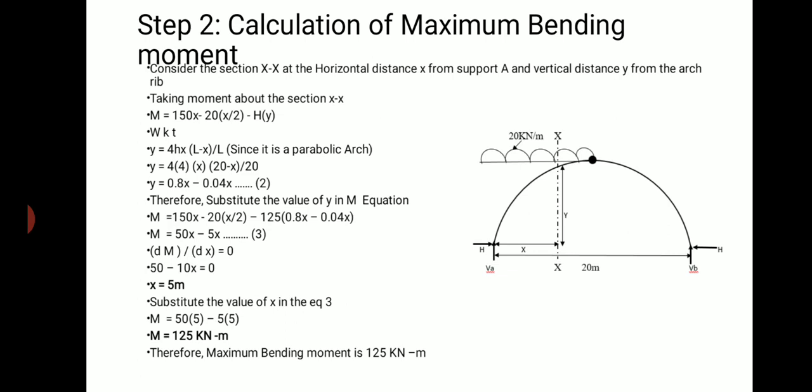Therefore if I equate that to 0, I'll get the value of x as 5 meters. So substitute the value of x as 5 meters in the original equation of Mxx, that is 50x minus 5x square. I'll get the value of the maximum bending moment. Thank you.